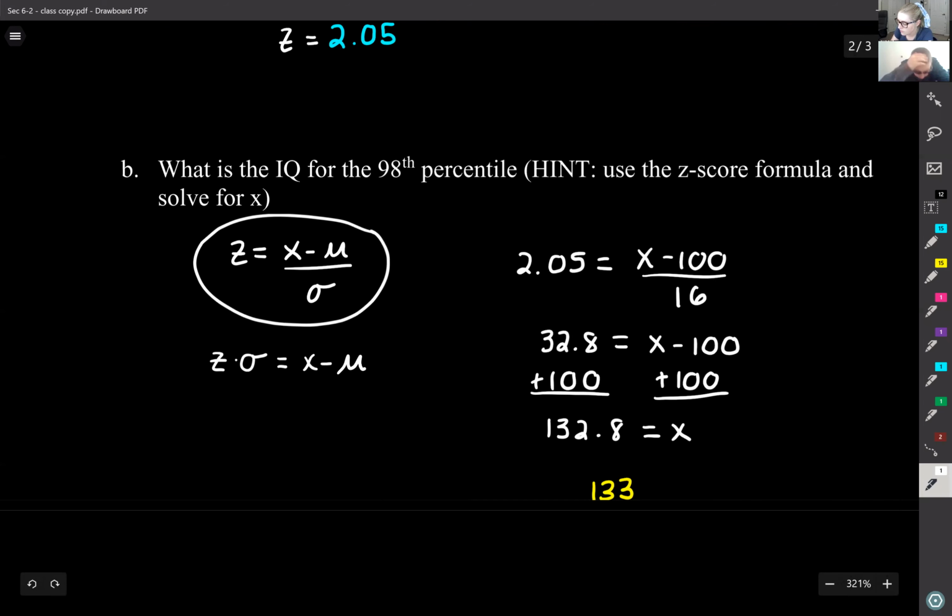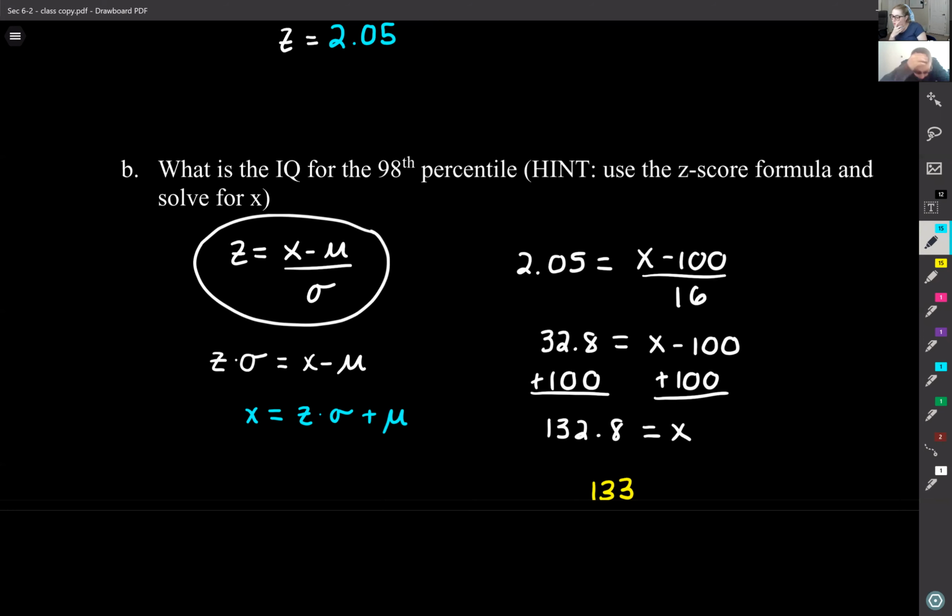So if I want to solve for X, that means that X is equal to Z times sigma plus mu. So if you're ever wanting to find what X is, this is your formula to use. If you have all the other information, you just multiply your Z-score times sigma, and then add mu to it.